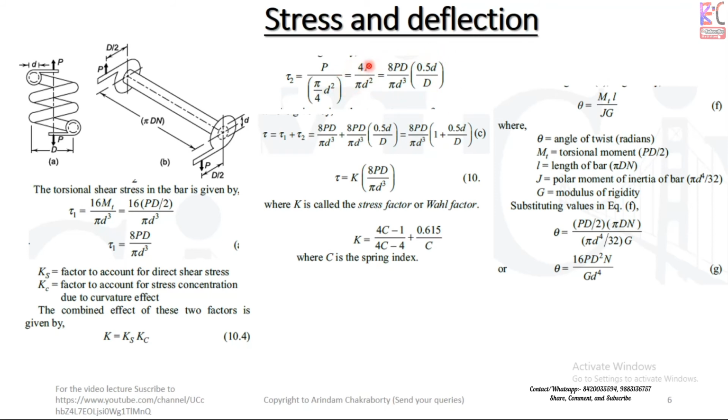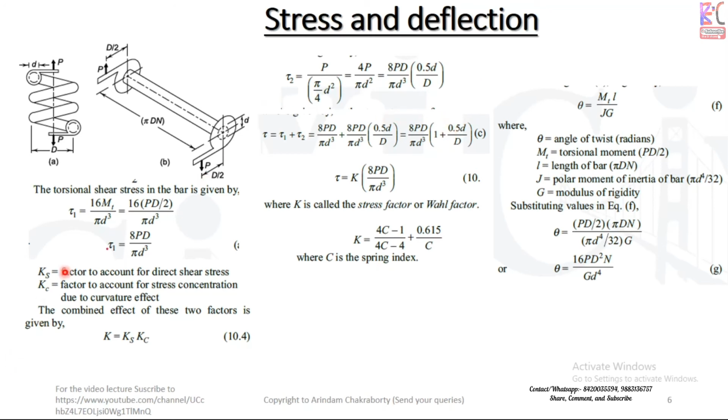Multiply by 2, divide by 2, that's why it's 0.5, and multiplying with small d gives us d cube, and multiplying with D at the numerator and having capital D in the denominator brings back this equation. So we are rearranging the equations with some extra terms.